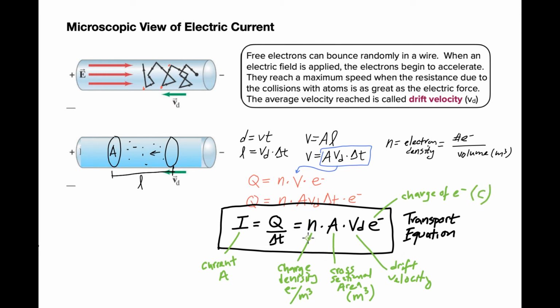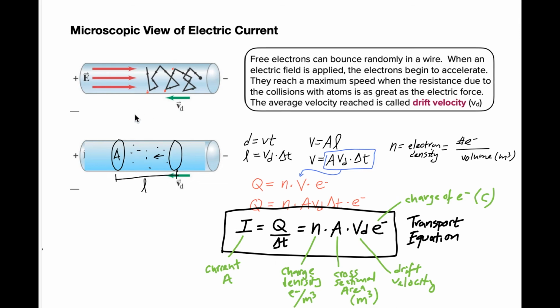Sometimes in an easy problem, you'll be just given this charge density, but other times you have to actually calculate this charge density. So that's the next thing we're going to do, and that's almost the worst part of this because it involves a little bit of our chemistry knowledge. So let's go back to this volume here.